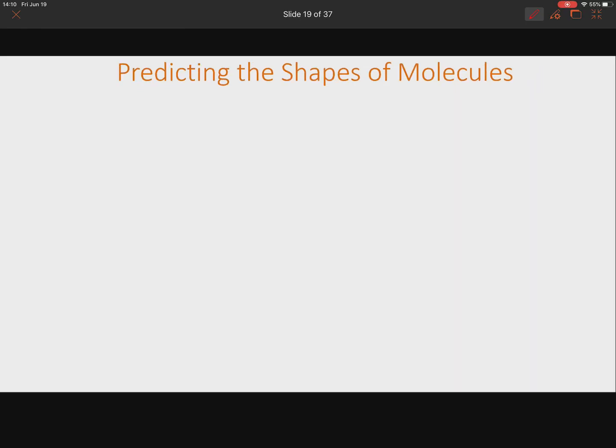So now that we've looked at equivalent structures or resonance structures, let's talk about predicting shapes of molecules. Lewis theory in combination with valence shell electron pair repulsion theory, or VSEPR, is actually used to predict the shapes of molecules.